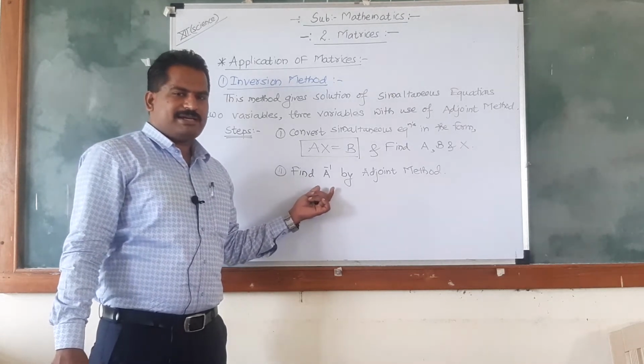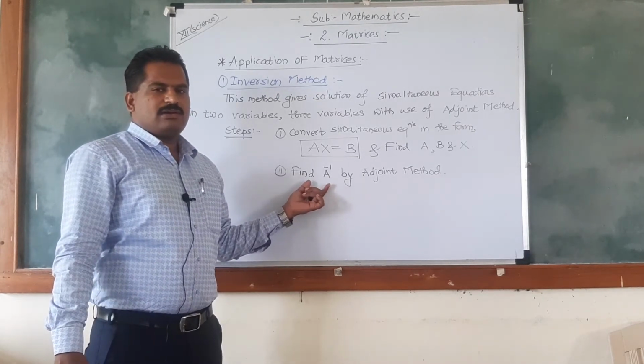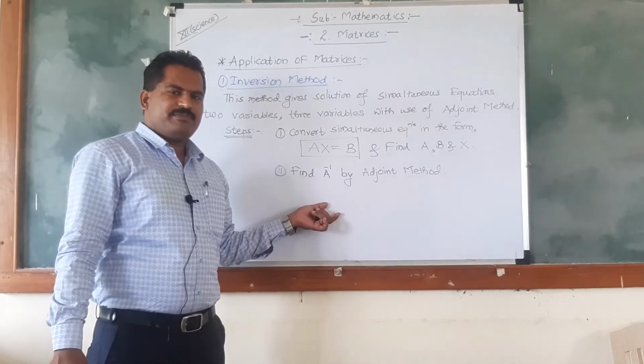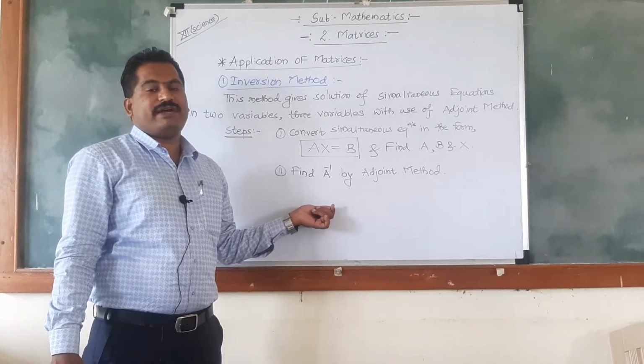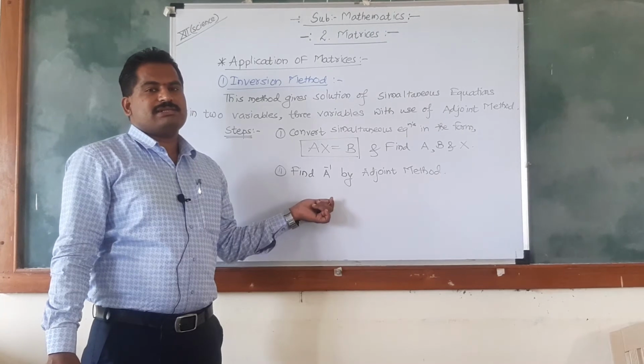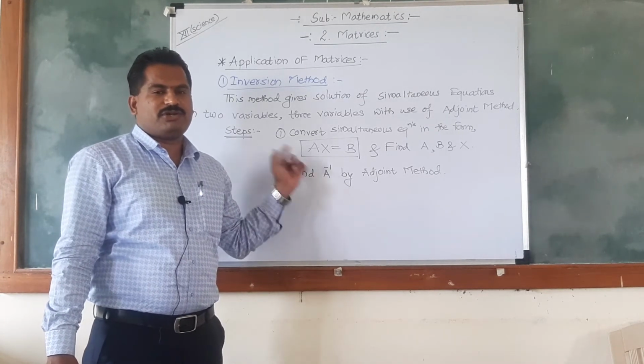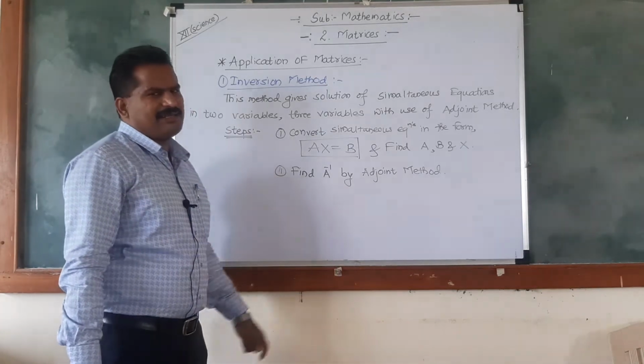Second, find minors and cofactors. Find cofactor matrix. With use of cofactor matrix, find adjoint matrix. Next, A inverse is equal to 1 upon determinant of A into adjoint of A. Some basic steps are there.